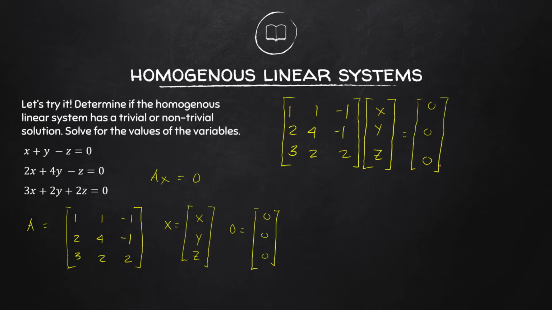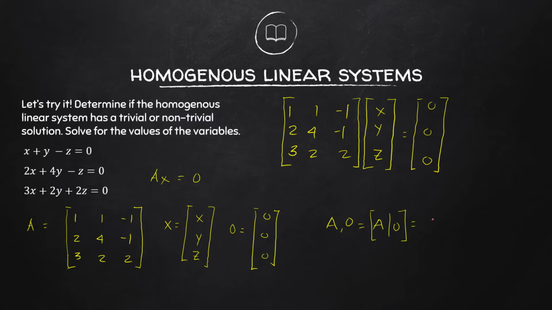So from here, we can now write it in its augmented matrix. That would be [A | 0], or some books write this as [A, 0].